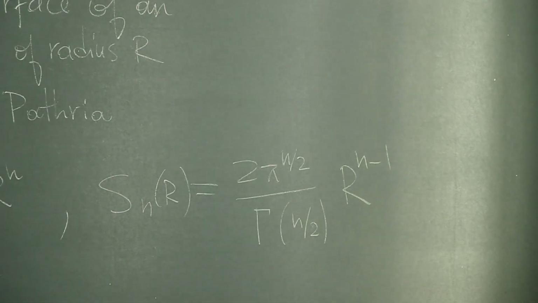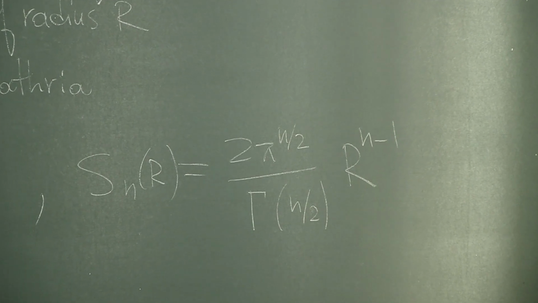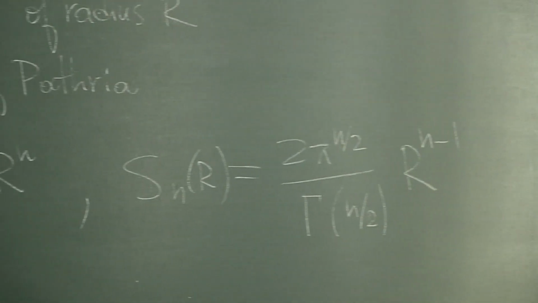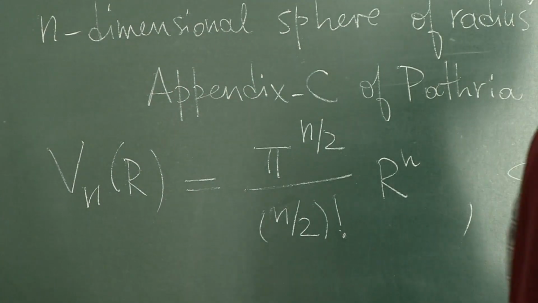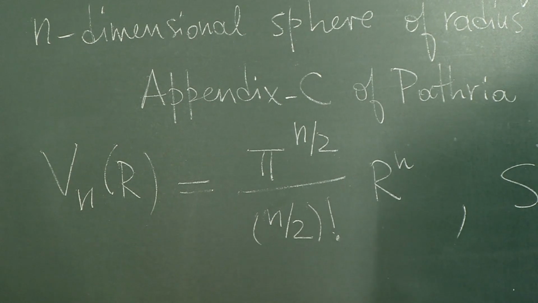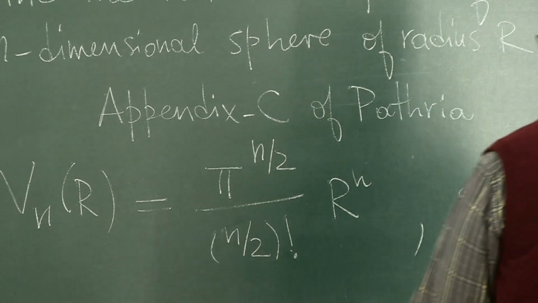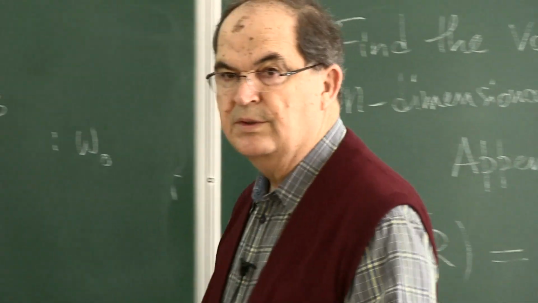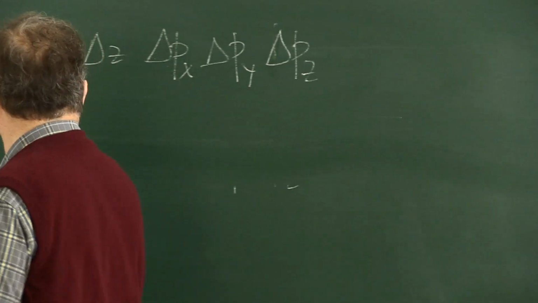Let's apply this ensemble average idea to an ideal classical gas as a first example. Do we have any questions up to now? Okay.